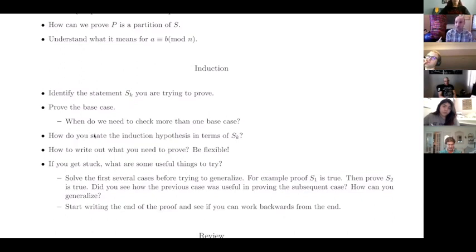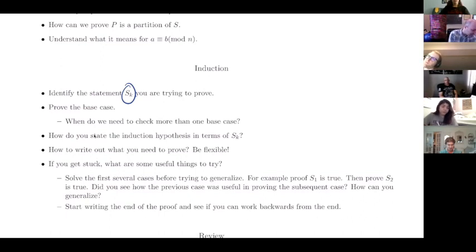So it might help to just write out what that statement is, because that's going to help you figure out what you need to prove in the base case, what you can assume as your induction hypothesis, and what it is that you want to prove. So identifying what the statement S(k) is, is probably the most important step to get you going.